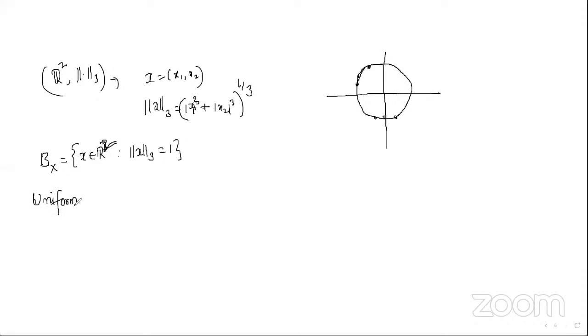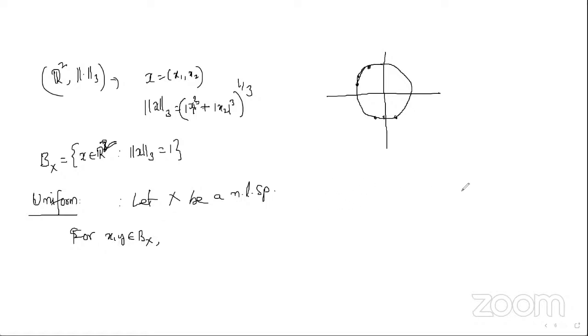I will write the formal definition, then I will explain the geometry. A uniformly convex Banach space is, suppose X is a normed linear space. Choose any x, y in the boundary of the unit ball, that means whose norms are 1, with the property that their distance is greater than epsilon.